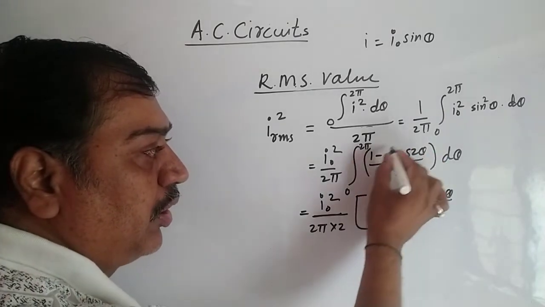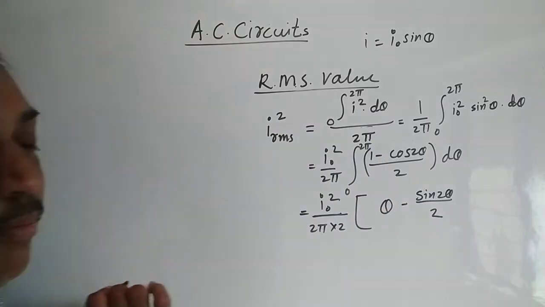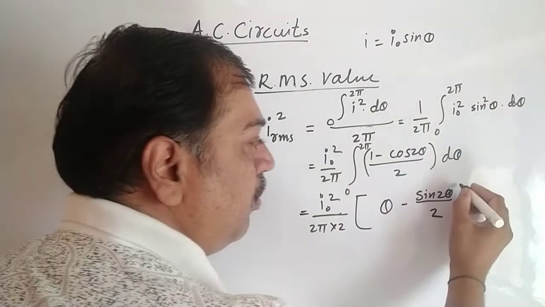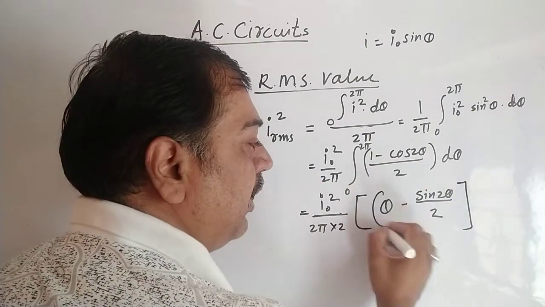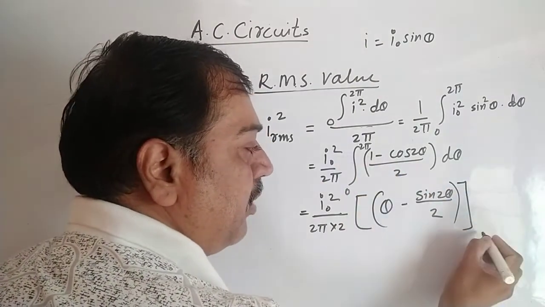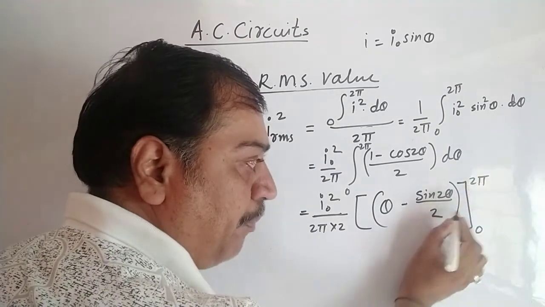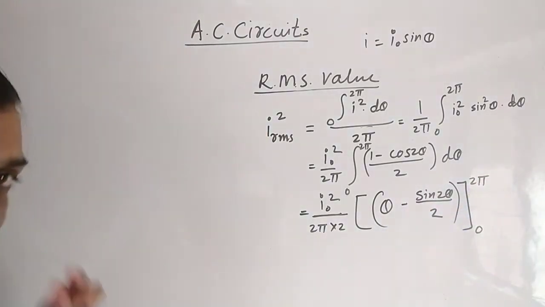The whole thing has the same limits, 0 to 2 pi: put 2 pi in place of theta, upper limit minus lower limit 0.